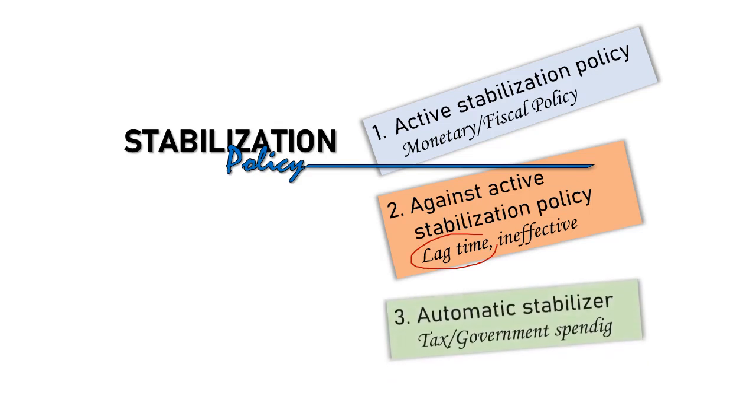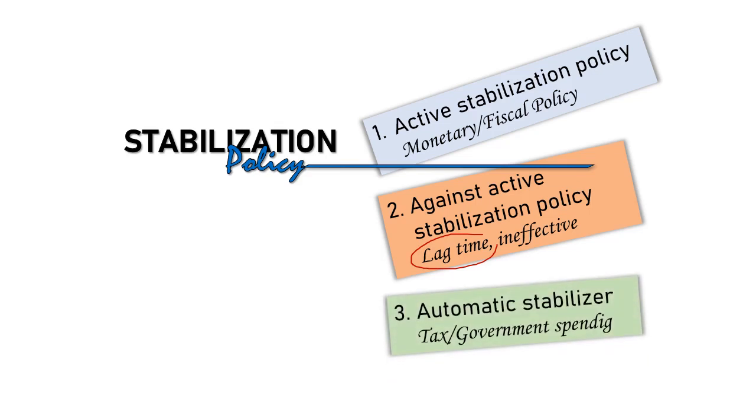Lastly, automatic stabilizer means that no deliberate action is taken by policymakers to stabilize the economy. When there is a recession, for instance, taxes will be lower because almost all taxes are closely tied to economic activity. Lower tax may shift AD to the right.